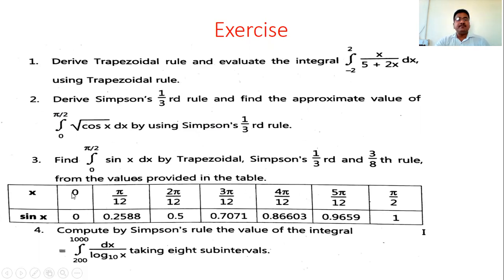Then a similar problem, but the table is given. For this problem, the table is given, so write directly y0, y1, y2, y3, and apply the 1/3 rule or 3/8 rule directly and find the answer.